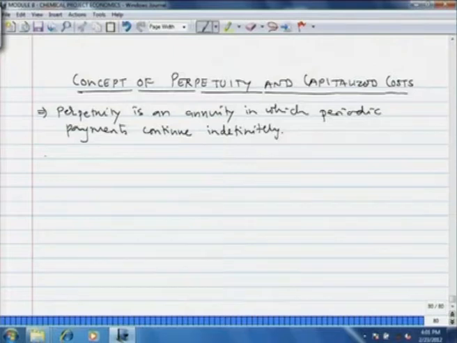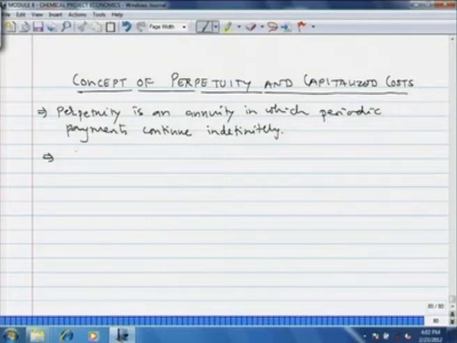Now, this type of annuity is of particular interest because it helps in determining the total cost of equipment or other asset under conditions which permit the asset to be replaced perpetually without considering inflation.